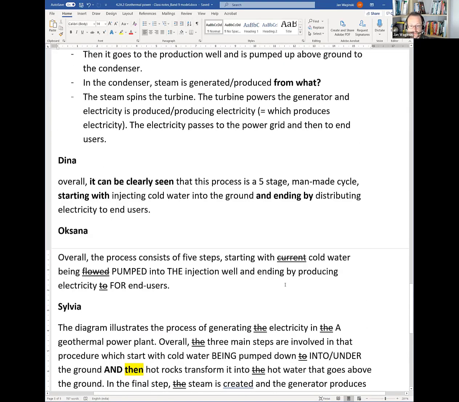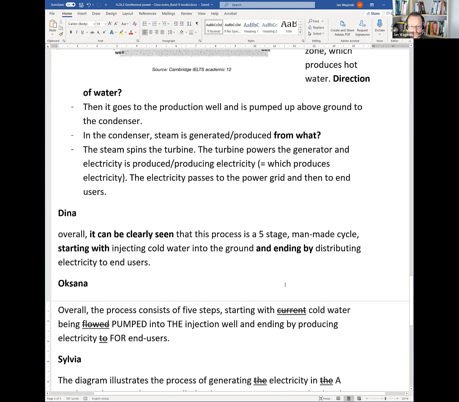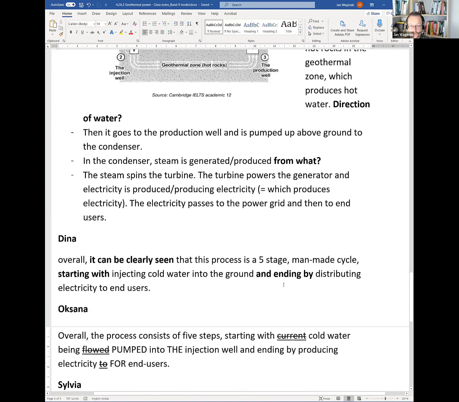I added a couple things here because the issue is going to be length. Before I get to that though, Dina's really good. She's got passive voice in here. This is a standard phrase that you can throw in at the beginning of one of these descriptions: it can be clearly seen. They want to see passive voice. A lot of English teachers will tell you to avoid passive voice, and sometimes I agree, sometimes I don't.